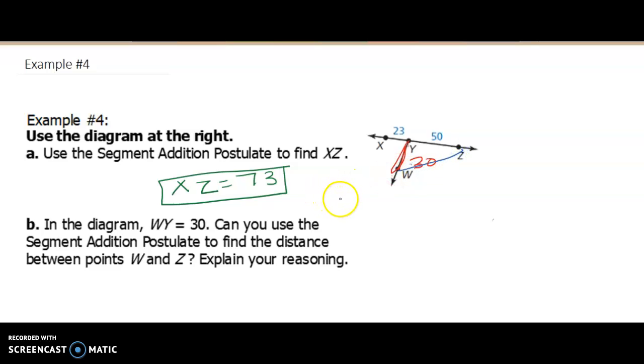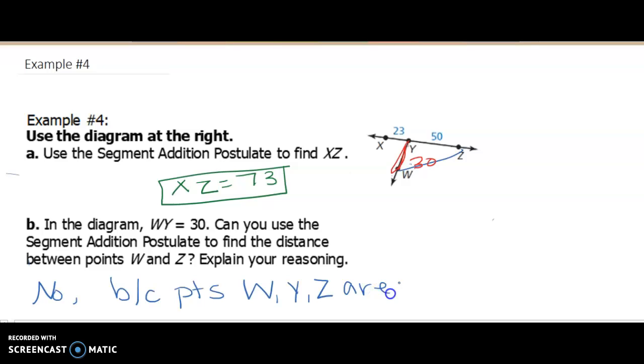Can we use the segment addition postulate for that? Here, we would say no, because points W, Y, and Z are not collinear. They are not in the same line, and therefore we cannot use the segment addition postulate.